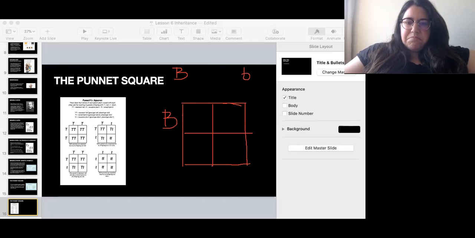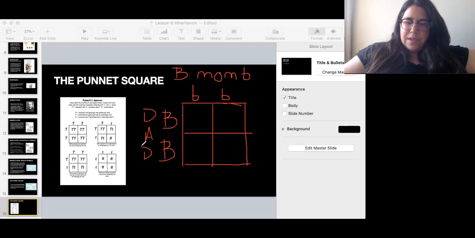So the dad is going to have brown eyes, and the mom is going to have blue eyes. I'm going to write down mom and dad.